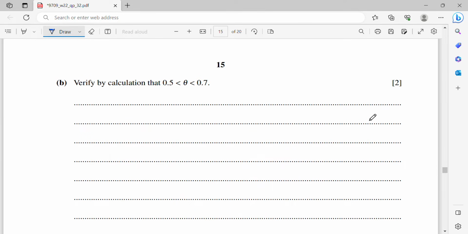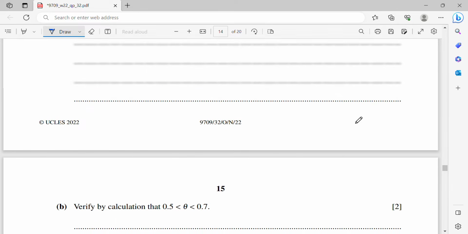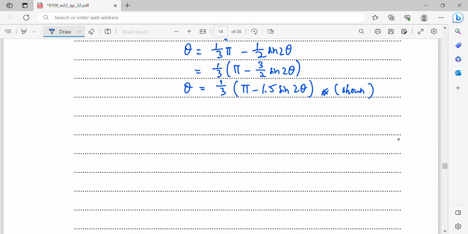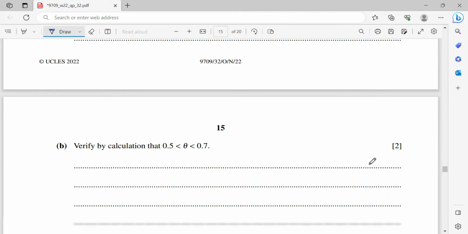Now B, verify by calculation that theta lies between 0.5 and 0.7. So now I need to rearrange. I'm going to move all the right hand side to the left hand side, and let it be f theta. So theta minus 1/3 bracket pi minus 1.5 sine 2 theta equals 0.